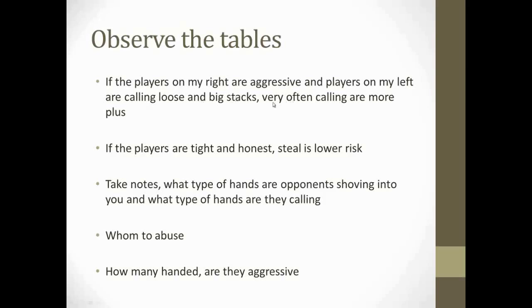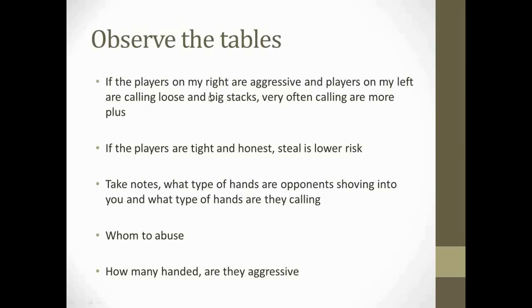Usually in this kind of situation, I would rather pass on spots where I don't feel comfortable shoving, and call off against these aggressive players instead, because by calling I get more plus EV spots, since people are just going to shove every single time. If I know their ranges well, I can pick better spots to call.